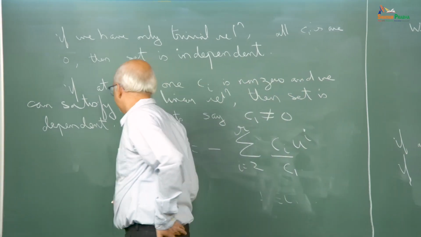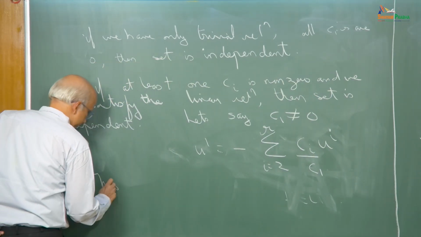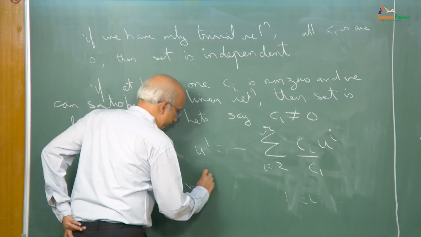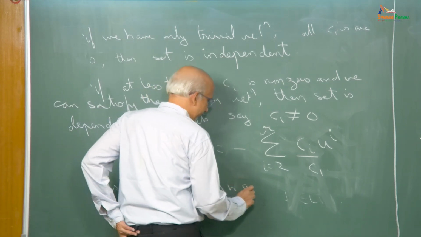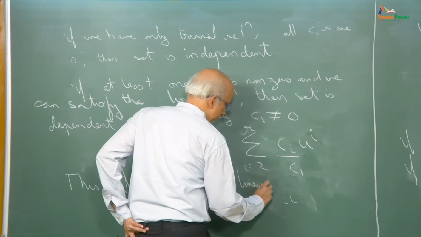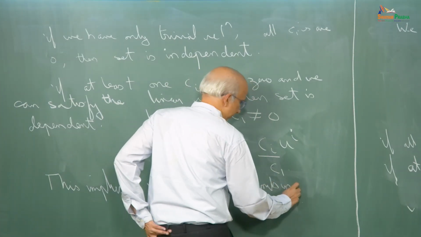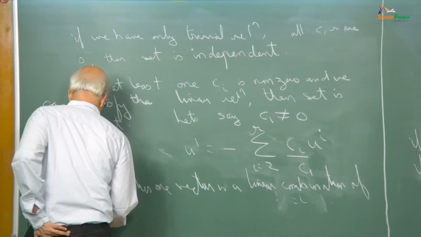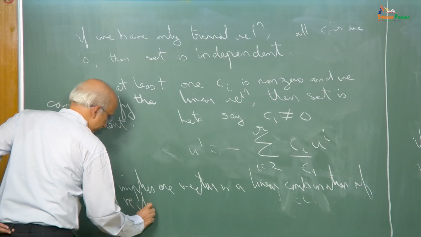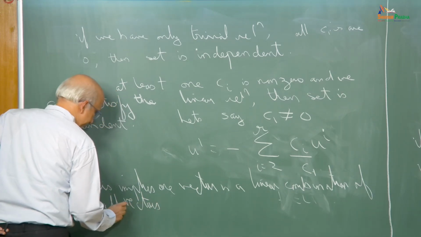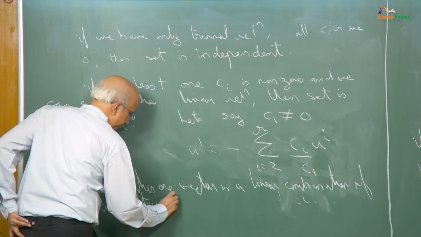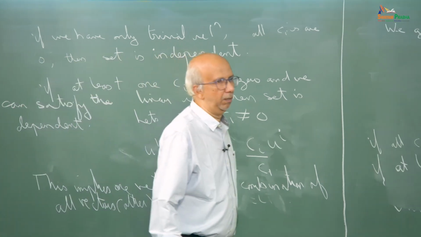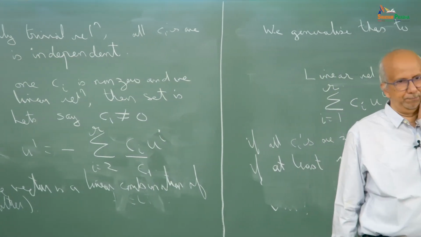So, this implies at least one vector is a linear combination of all other vectors. That is the meaning of being dependent.